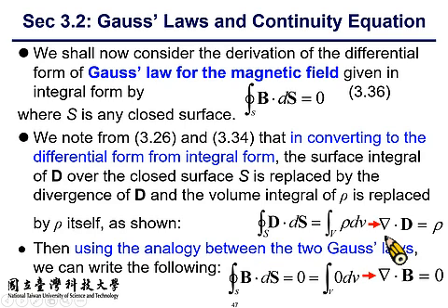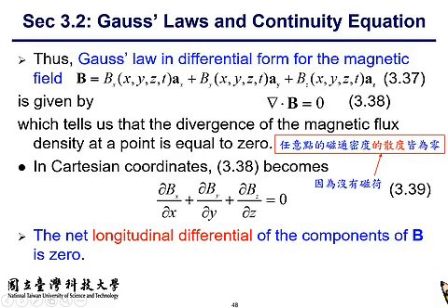So for Gauss's law for electric and magnetic fields, the divergence of electric flux density equals the electric charge density, and the divergence of magnetic flux density equals zero at all times. For any given point, the divergence of magnetic flux density shall be zero at all times.